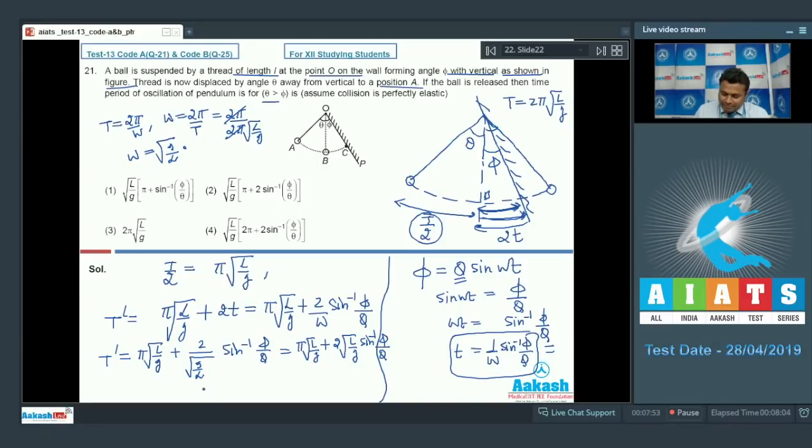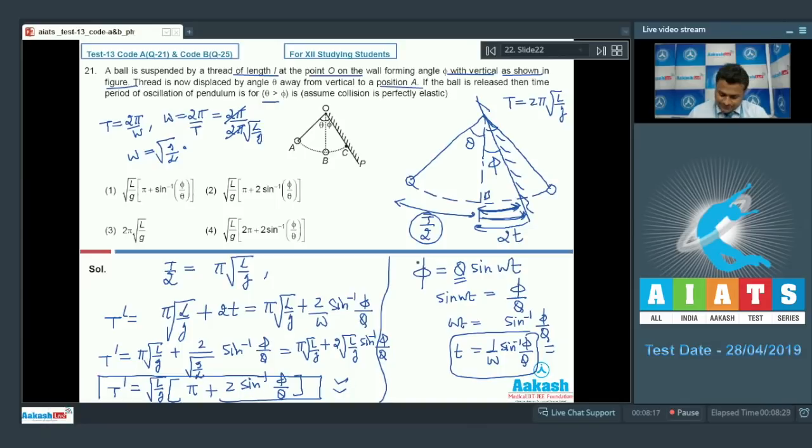So finally for the expression for time period T dash, we can take under root L by G common. Within the bracket we will get pi plus twice sine inverse phi by theta. So this is the final expression we have got.